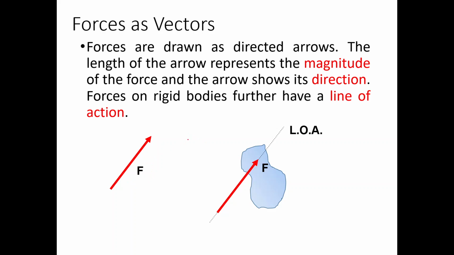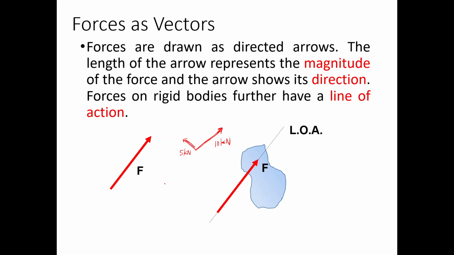For example, we're going to have a force triangle where, let's say, this one is 5 kilonewtons, then this one is 10. Of course, it's better that we make the 10 kilonewtons longer compared to 5 kilonewtons.